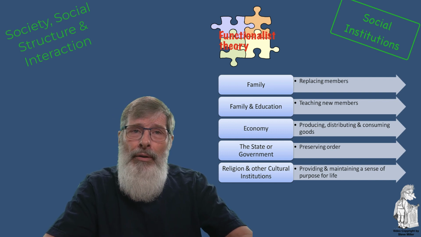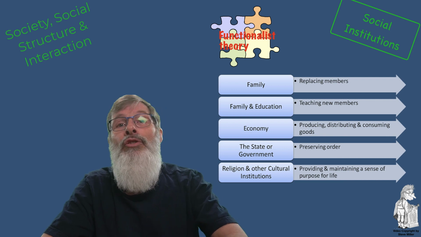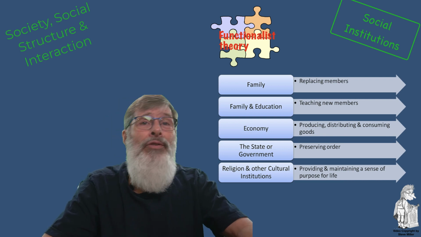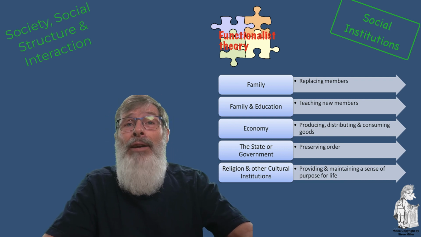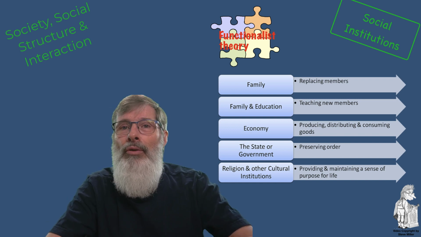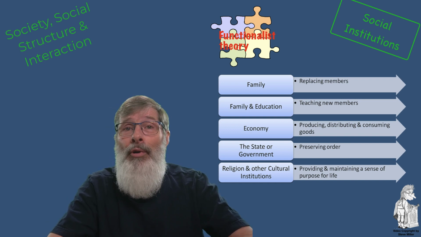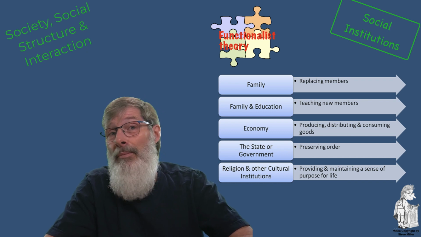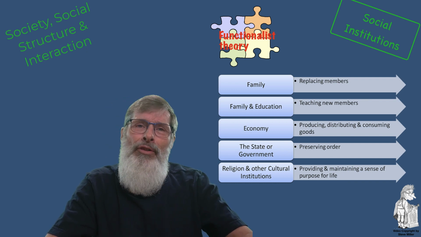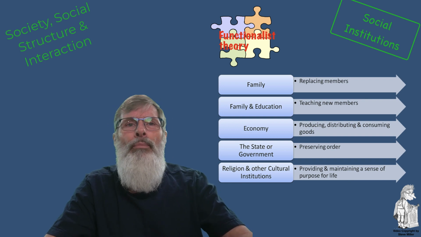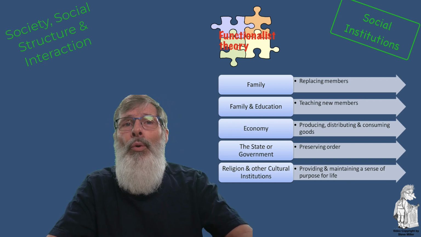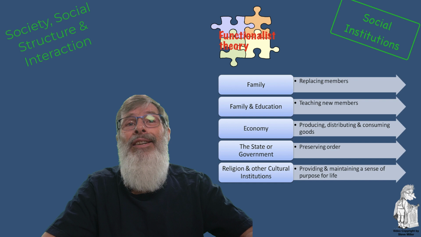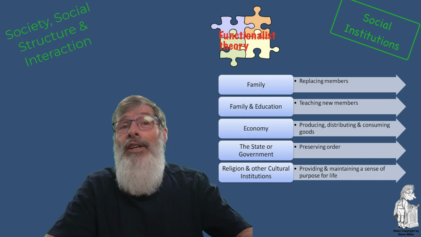The third is producing, distributing, and consuming goods and services. All societies must produce and distribute goods and services for all their members. And that's with the social institution known as the economy. The fourth is preserving order. Every group or society must preserve order within its boundaries to protect itself from attack by outsiders.